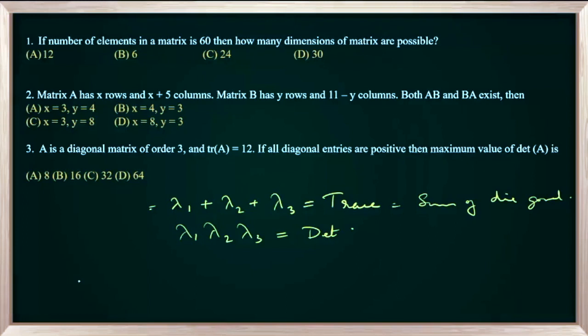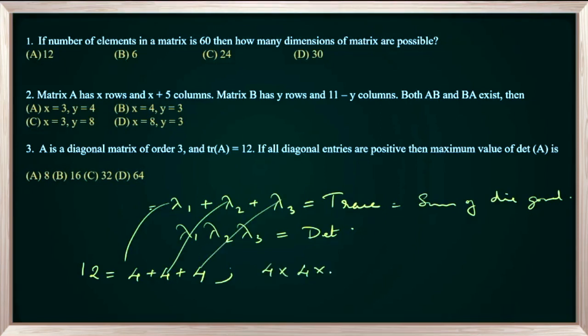So I can have the trace given by 12 equal to 4 plus 4 plus 4. Then if they are the eigenvalues, the product is 4 into 4 into 4, which is 16 into 4, that is 64.